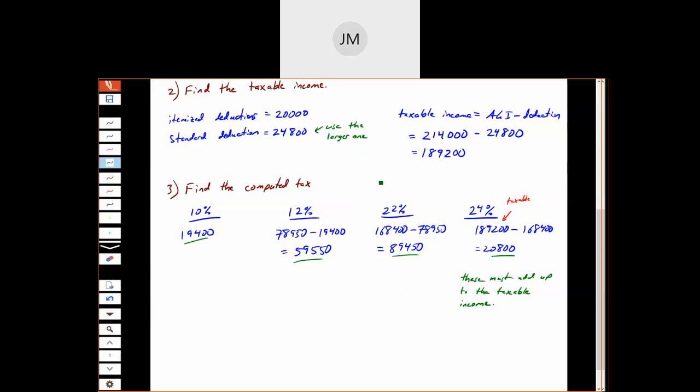Then we compute the tax, and that's just taking the percentage, which we have written on top, of the amount of money that's inside it. So we're going to take 10% of 19,400. We're going to take 12% of 59,550.